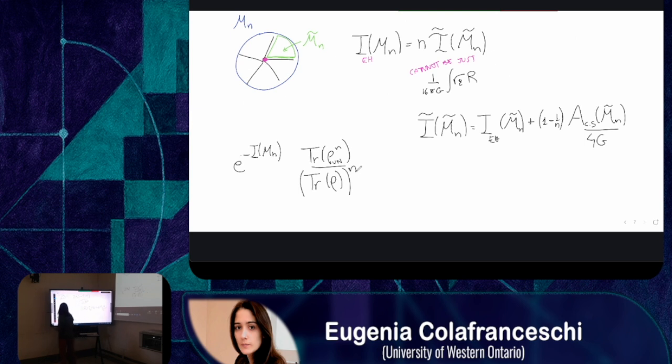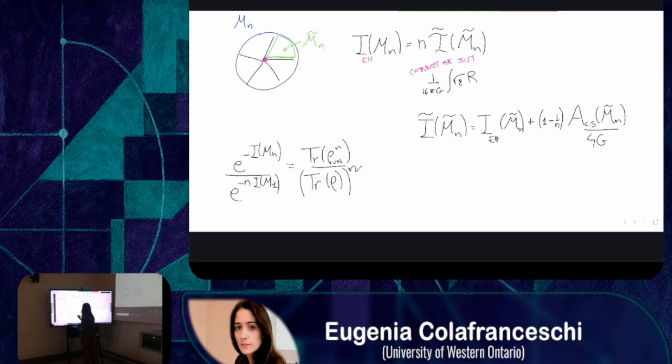So actually we are not just interested in e to the minus the action, but we need to add the saddle point contribution for this normalization factor here, which is n times the trace of one copy, so the action for the manifold for n equal to 1.